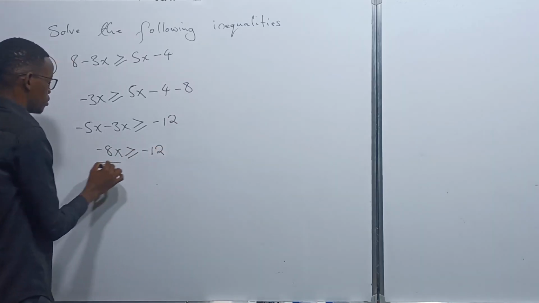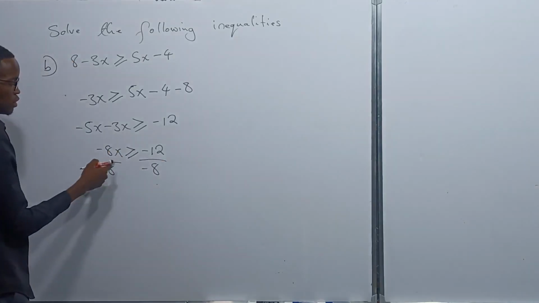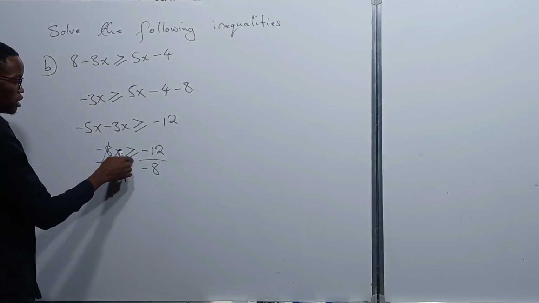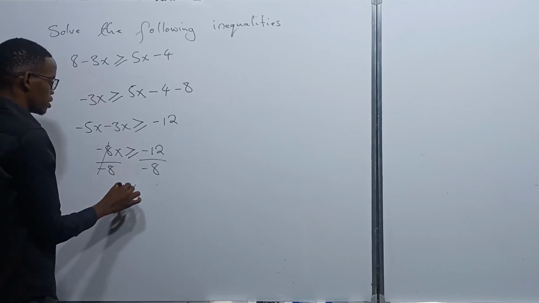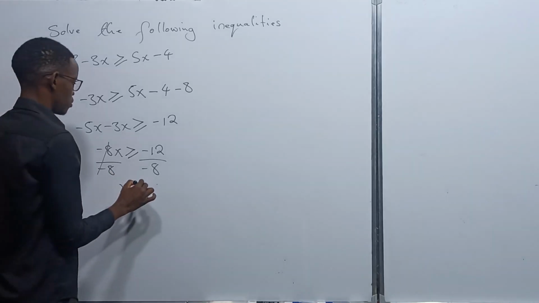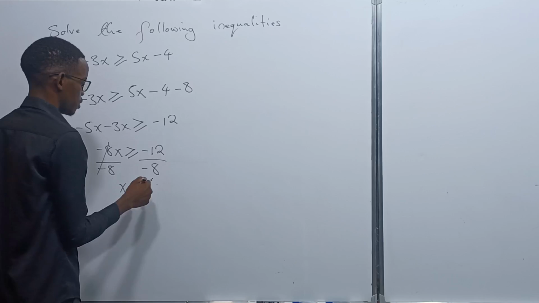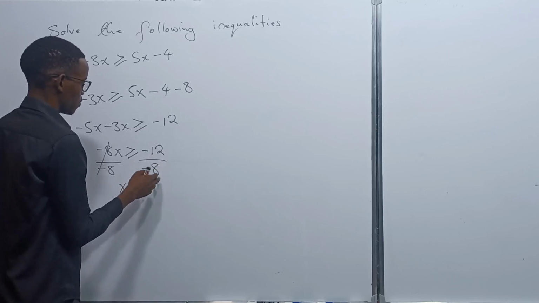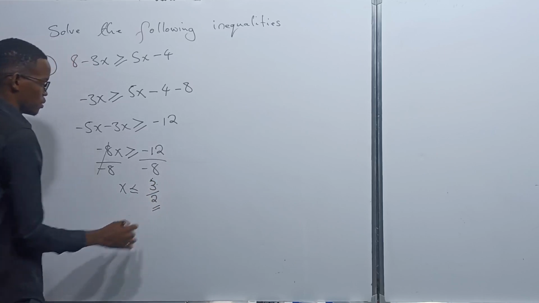So we divide by negative 8 on both sides. Every time you divide by a negative number, the symbol in the middle changes. So this becomes x is less than or equal to 12 over 8, which simplifies, 4 into 12 is 3 and 4 into 8 is 2, so less than or equal to 3 over 2.